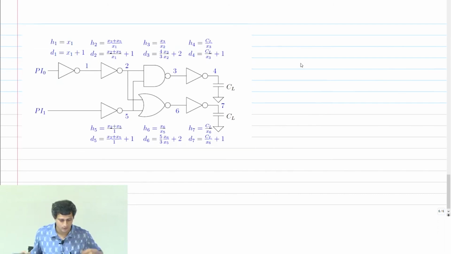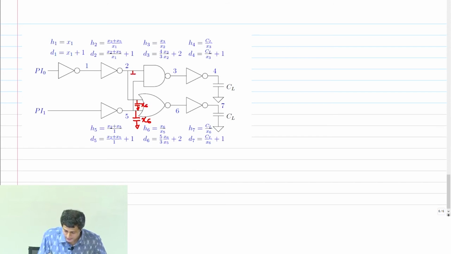Okay. So what we are saying is, the capacitance on the gate whose output node is k, the capacitance of the input is xk. This is going to be x6, this capacitance. Similarly, this capacitance here will be what? x3, okay.